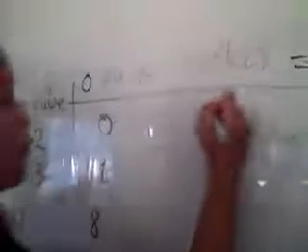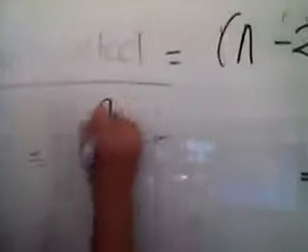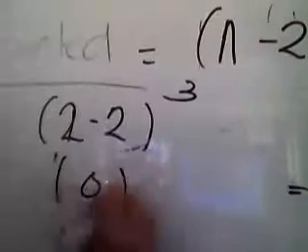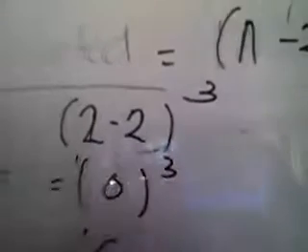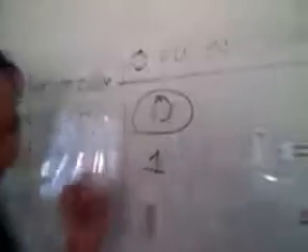So let's substitute the value of 2 for a 2 by 2 by 2 size of cube. So (2 minus 2) cubed, 0 cubed, is equal to 0. So there are no cubes with 0 faces painted.